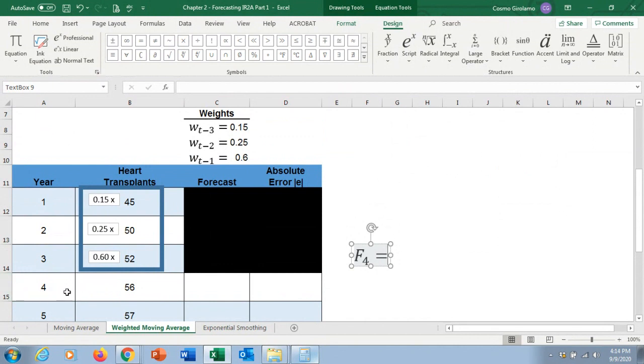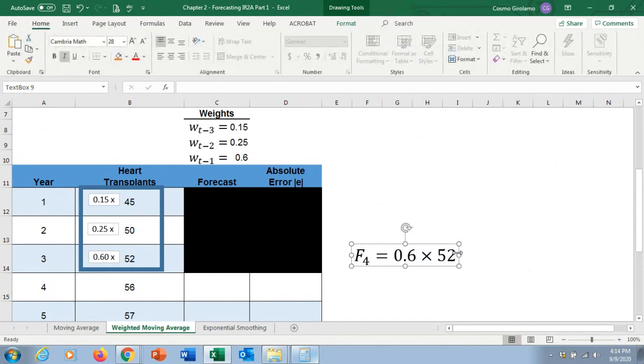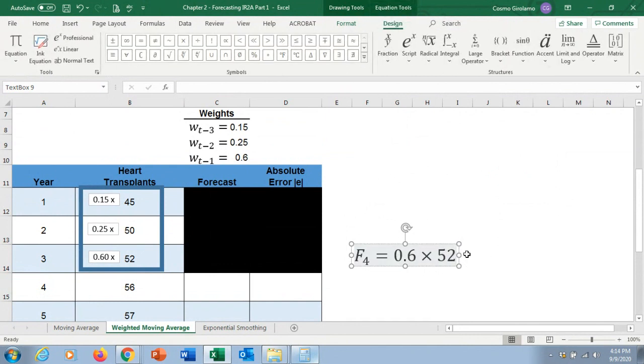We're in time period 4. 1 time period back is going to be time period 3. So we're going to do 0.6, and we're going to multiply that by 52. And to that, we're going to add 0.25.